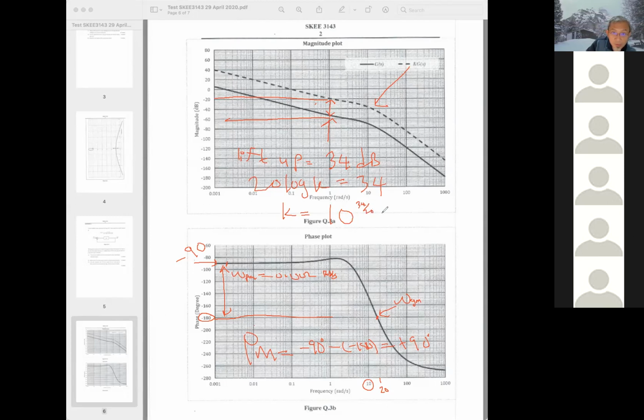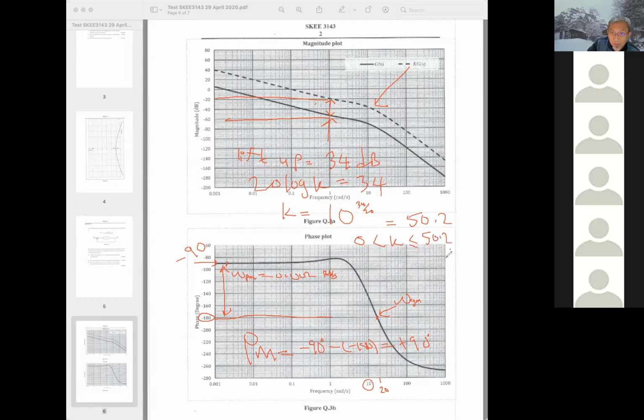How much? 50.19. Okay, so the range of stability is K less than 50.